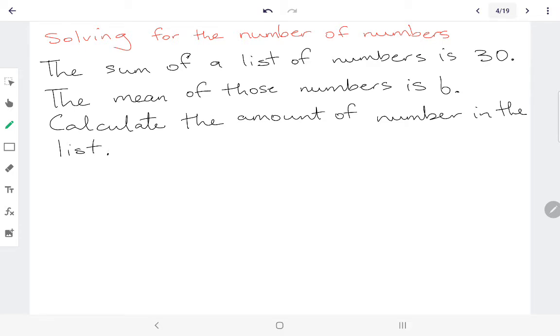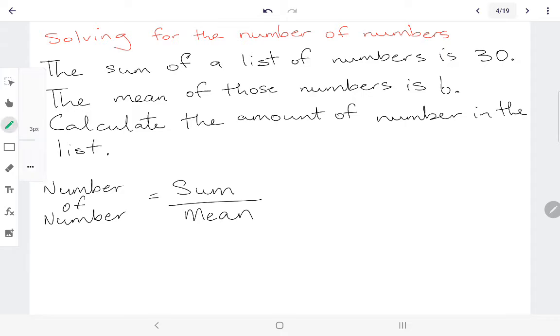So the formula to calculate the number of numbers will be the sum of the numbers divided by the mean. And from reading our question, we know that the sum of a list of numbers is 30. So the sum is equal to 30. And they said here now, the mean of this list of numbers is 6.